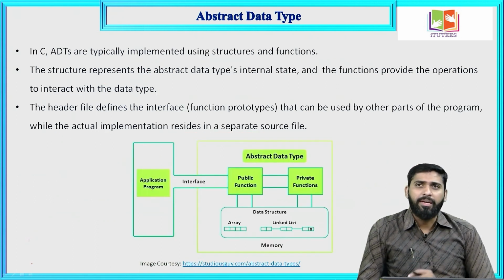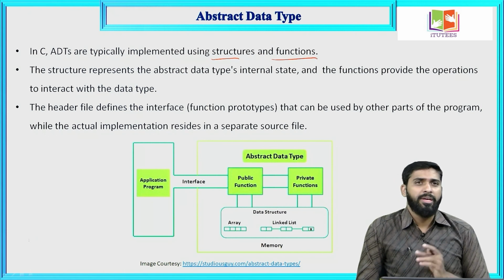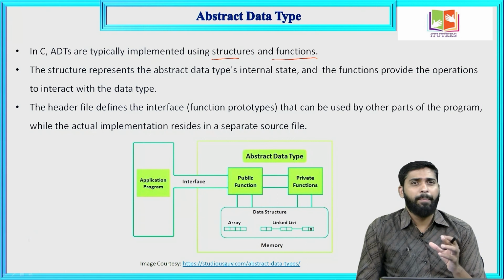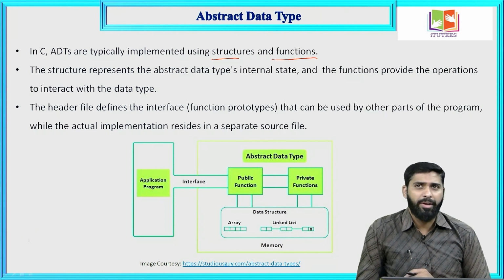In C, ADTs are typically implemented using structures and functions. Structure means different types of data types combined as one structure, and functions means the different operations you are going to perform.